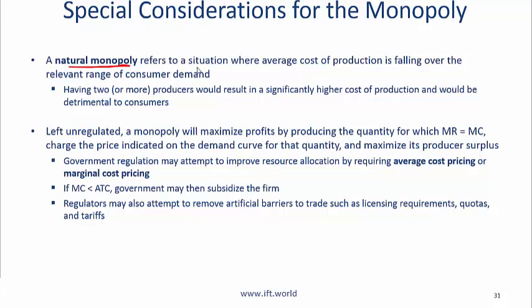A natural monopoly refers to a situation where average cost of production is falling over the relevant range of consumer demand. Having 2 or more producers would result in a significantly higher cost of production and would be detrimental to consumers. So the point here is that even consumers might be better off if you have a monopoly with a decreasing cost curve.